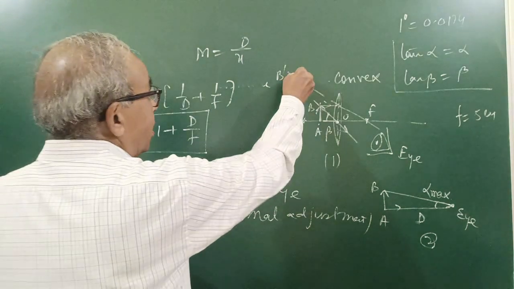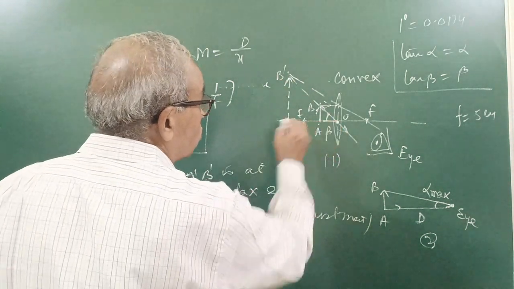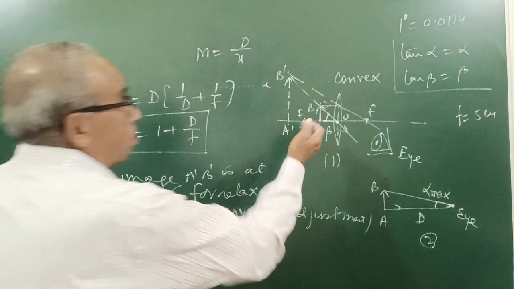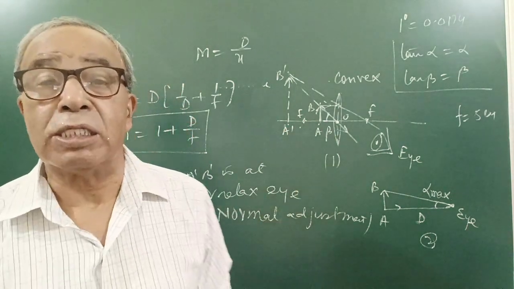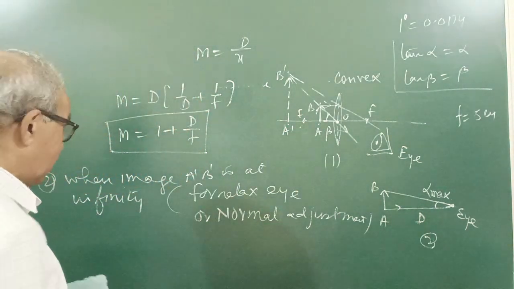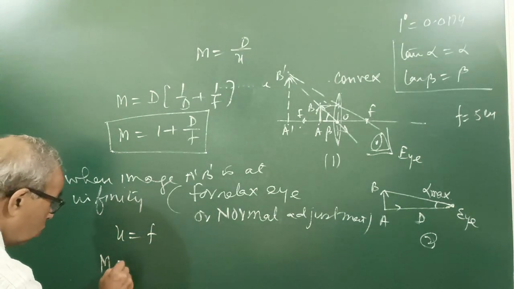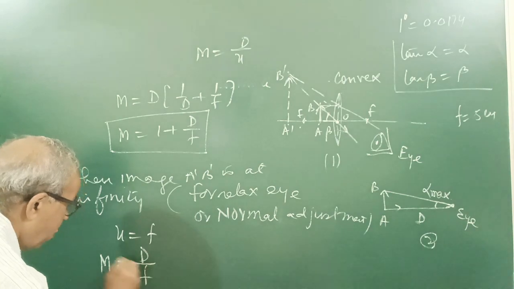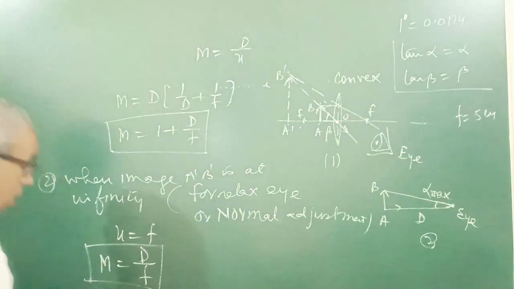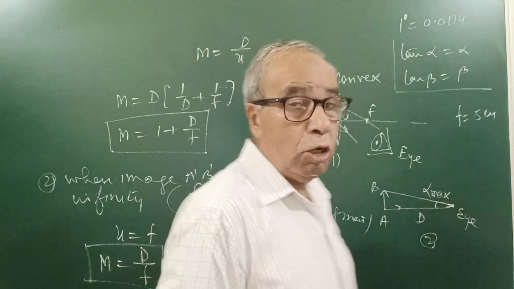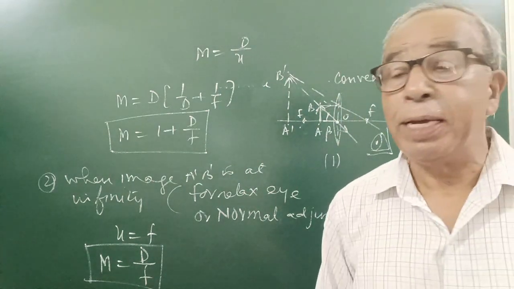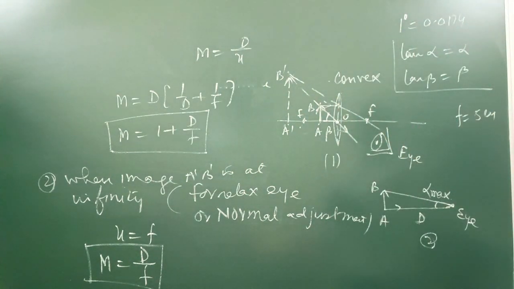When U equal to F, you know when the object is placed at the focus of the lens, the image will be at infinity. Then U equal to F, so M equal to D upon F. This is the least value of angular magnification produced by a simple microscope.